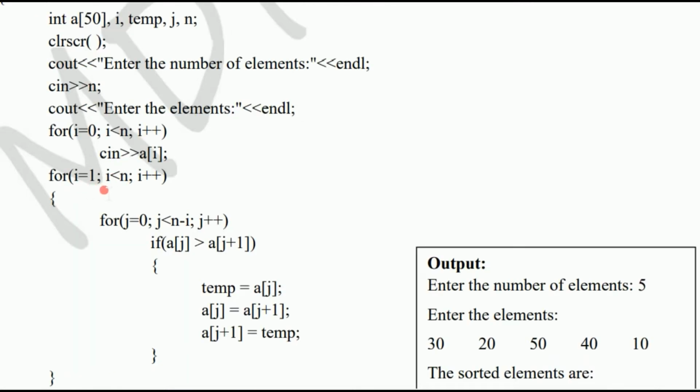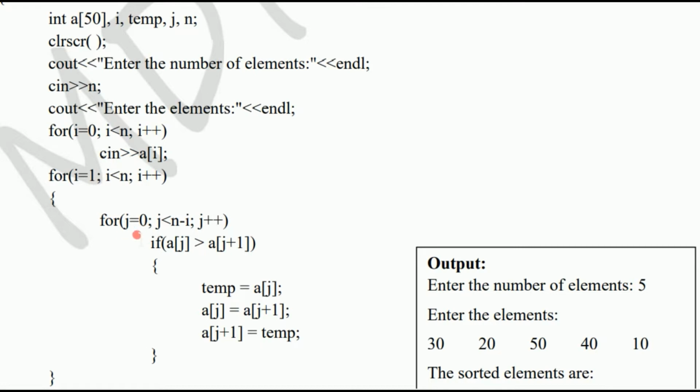That means the second element we will take as the starting element. And then j is equal to 0. That means using i we are taking the second element, and using j we are taking the first element.